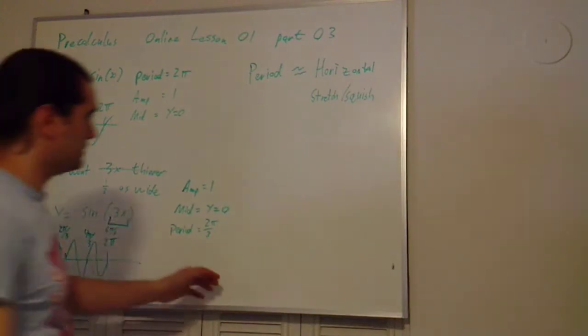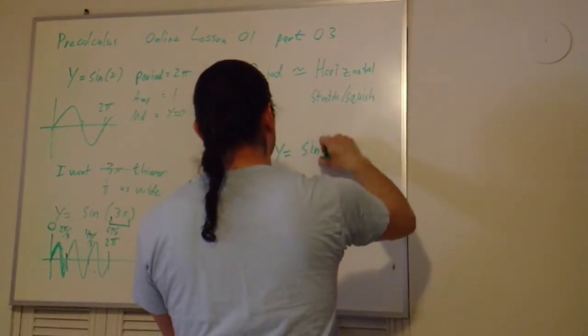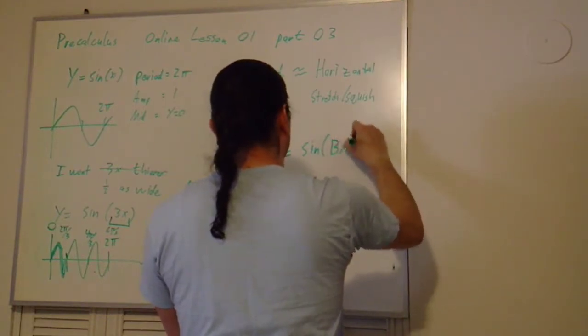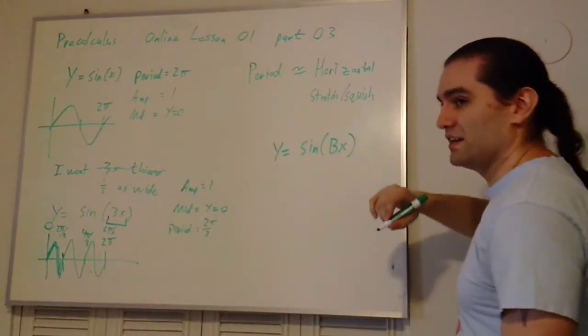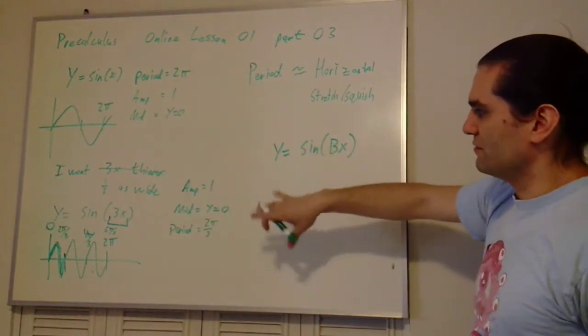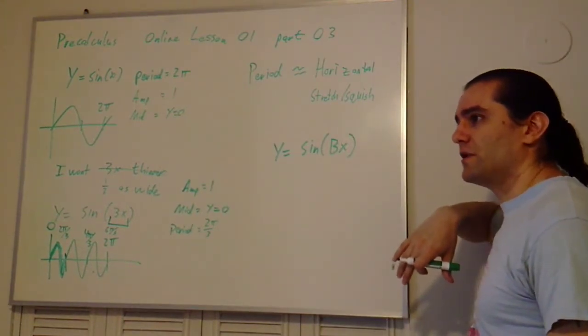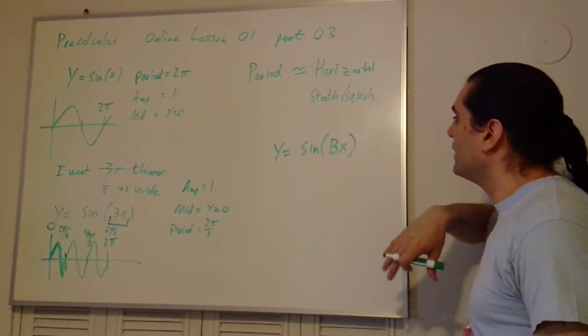Generally speaking, whenever you see anything that looks like this, y equals the sine of bx, all of these different things have sort of letters associated with them, which I will deal with when I'm finished talking about them all as a group.